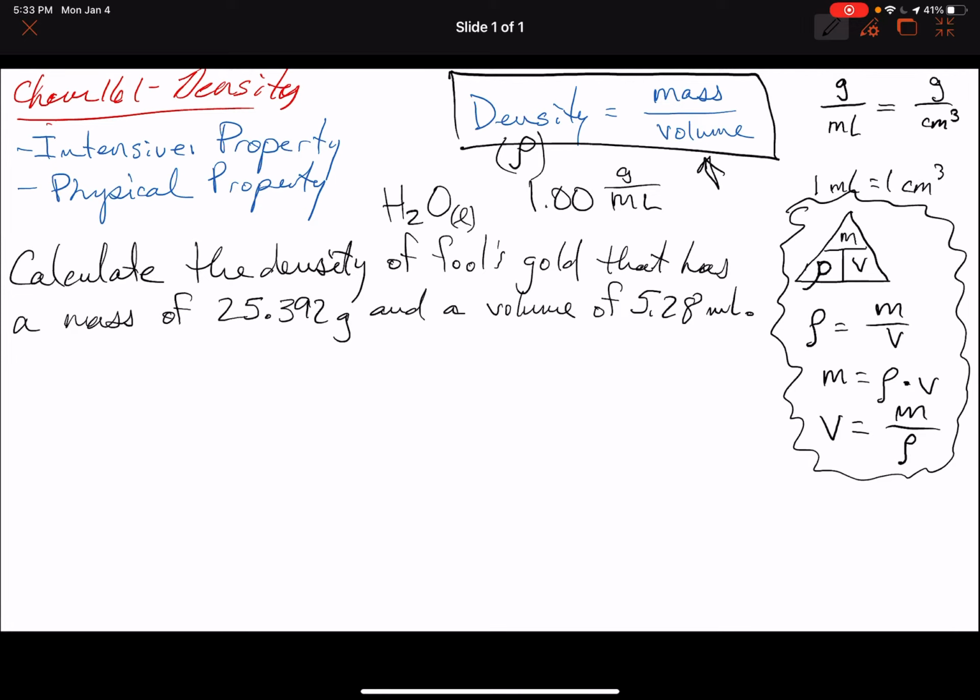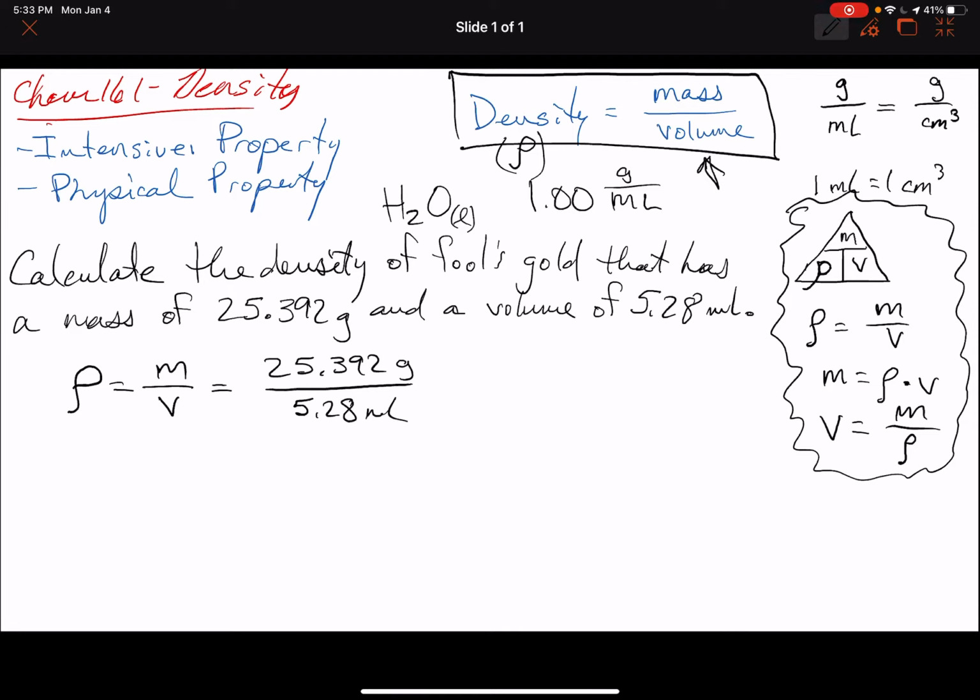Okay, so we'll start with our density equation. Rho is equal to mass over volume. And so in this question, we're simply to insert the mass number, 25.392 grams, divided by the volume information, 5.28 milliliters.